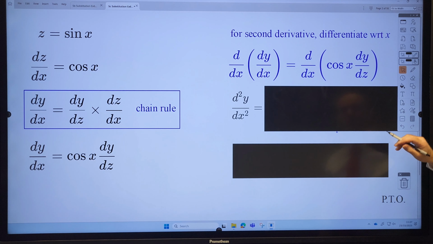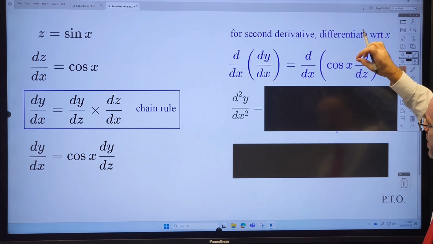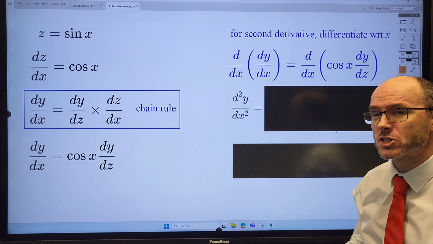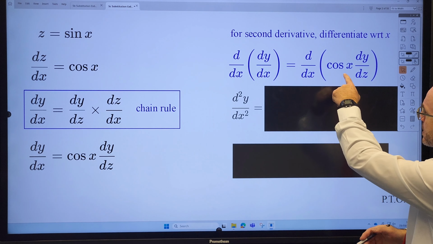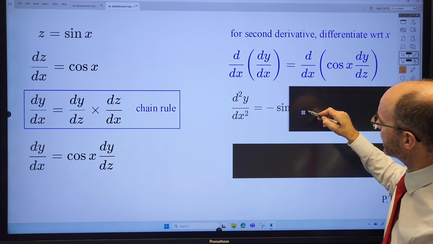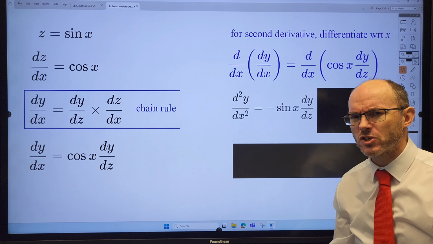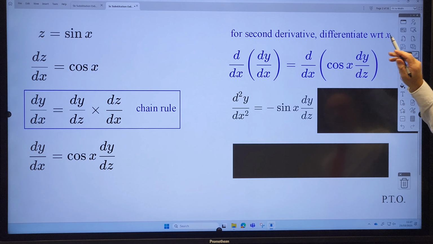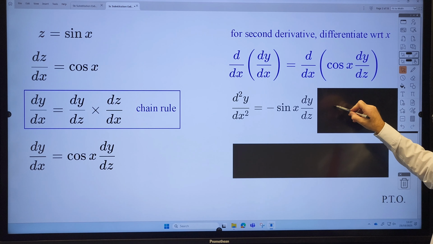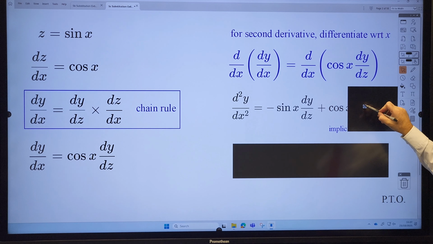So the first one, dy dz times the derivative of cos x. I'm differentiating with respect to x, so cos x will differentiate to negative sine x, and it's dy dz times negative sine x. And then the next term is plus cos x multiplied by the derivative of dy dz.